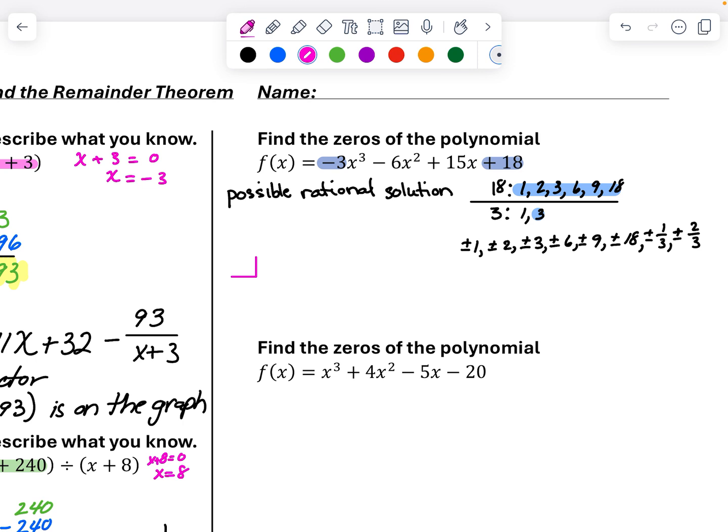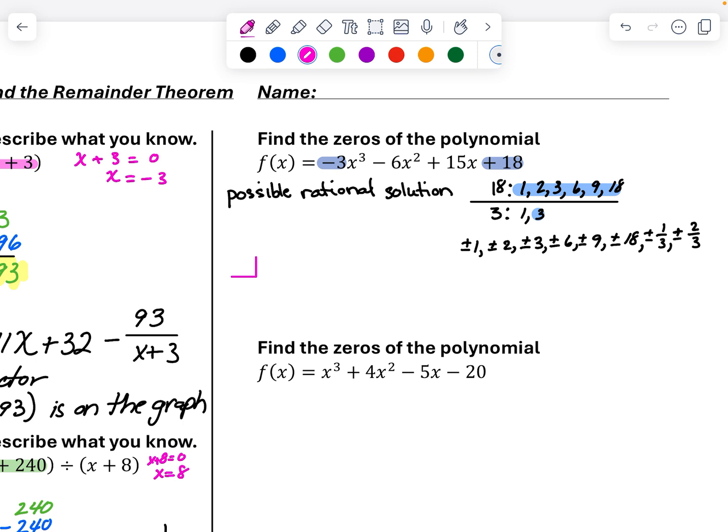And I know that the value of y is going to be 0 at either negative 18, negative 9, nope, negative 6, nope, negative 3, winner, winner, chicken dinner. Negative 3 is going to work.